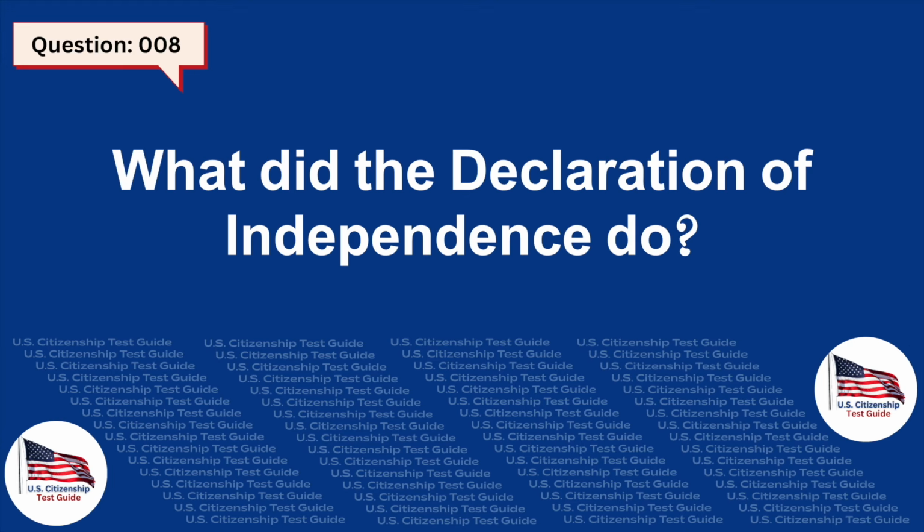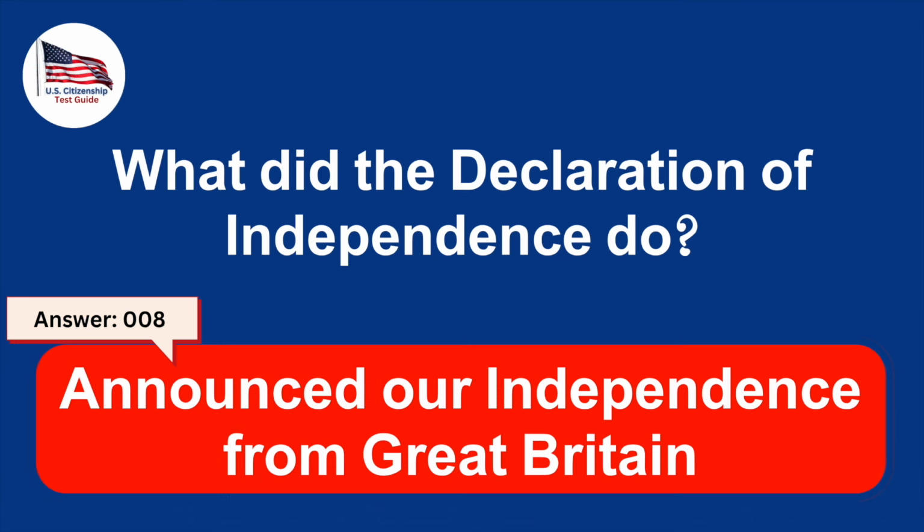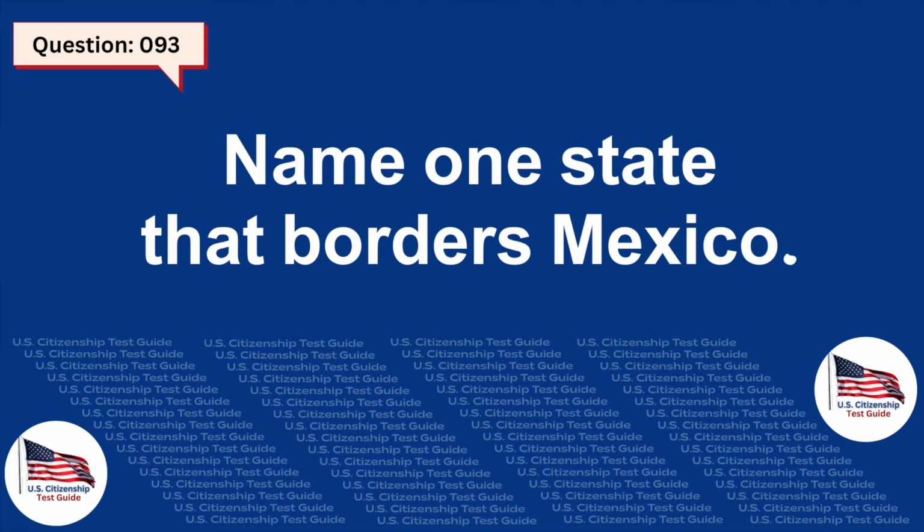What did the Declaration of Independence do? Announced our independence from Great Britain. Name one state that borders Mexico.